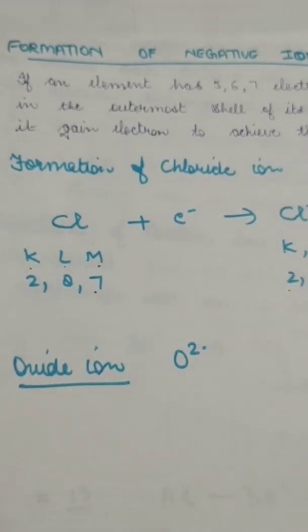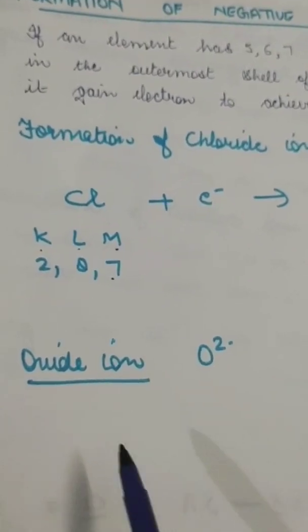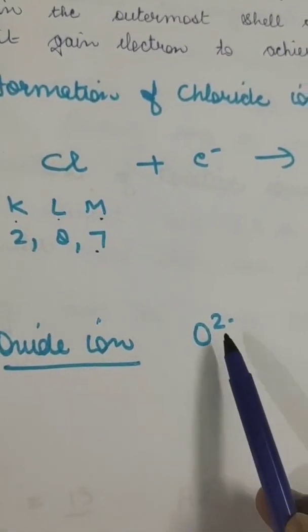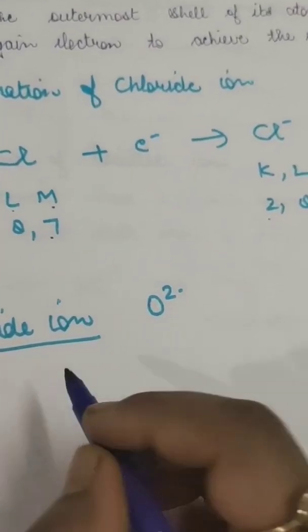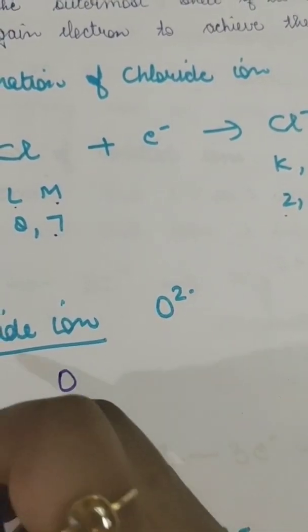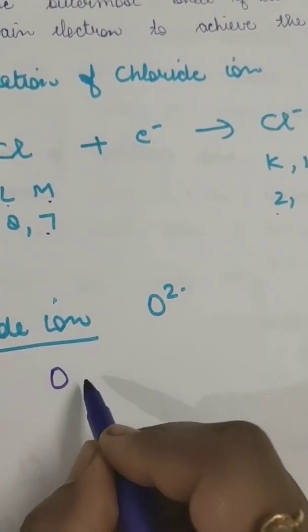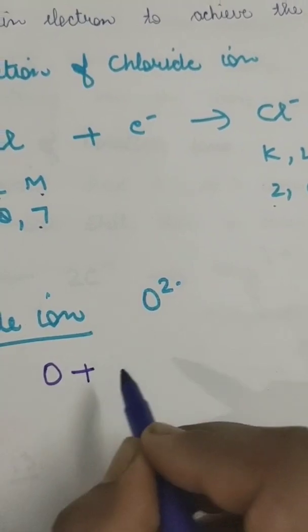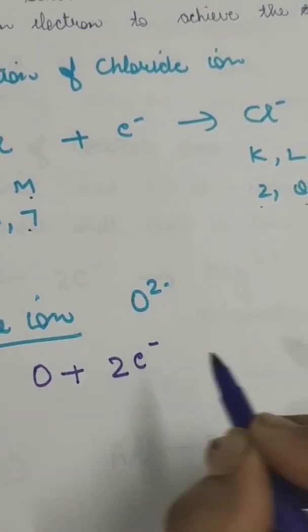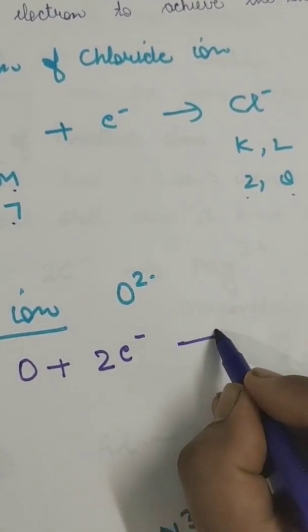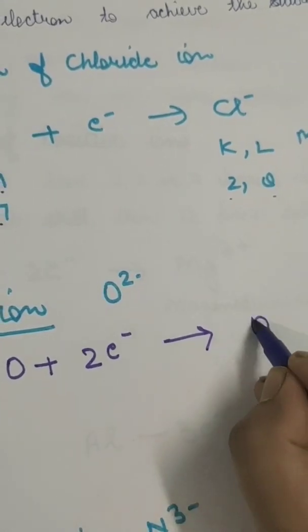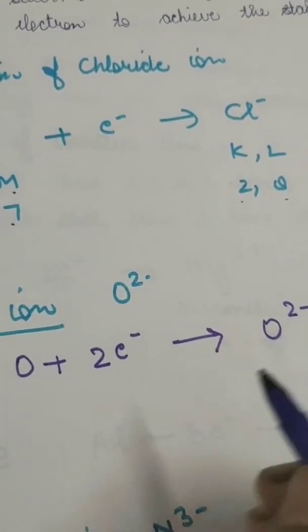Same in the case of oxygen. Now oxygen will become the oxide ion. It will have 2 negative charges, because oxygen has atomic number 8. So oxygen will accept 2 electrons. After accepting 2 electrons, it will become O 2 minus.